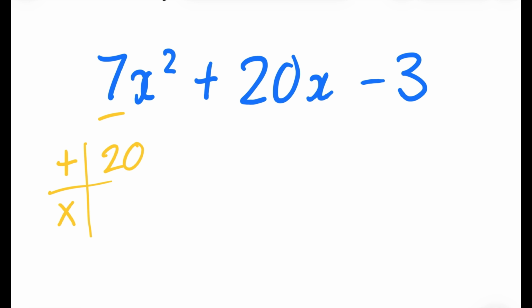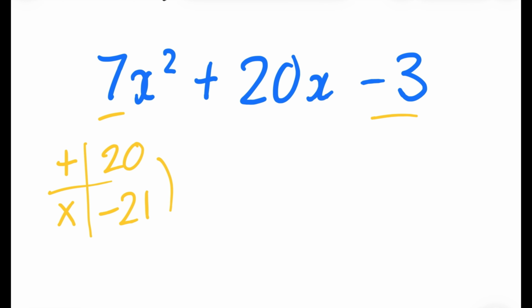However, our times component, the two numbers we need to multiply together, is actually going to be 7 times minus 3, which is, of course, minus 21. So we multiply the a component by the c component to get that, and then just carry the b component over like we just saw.